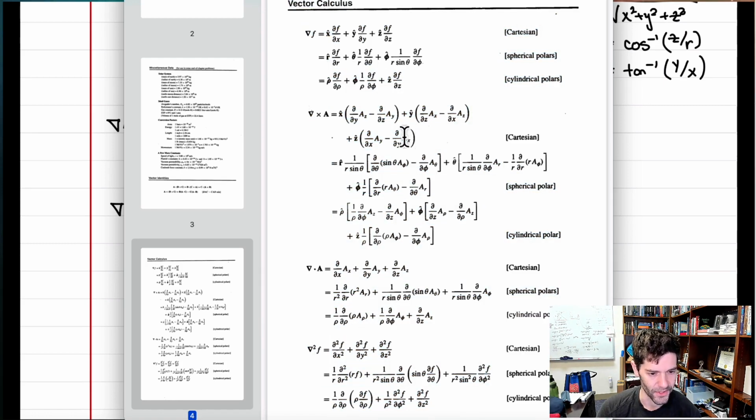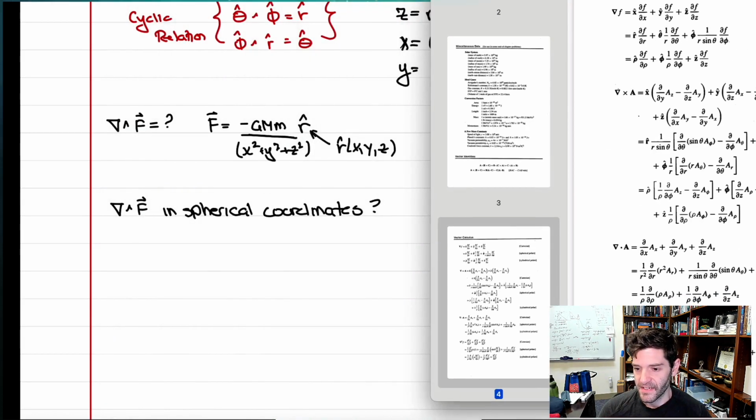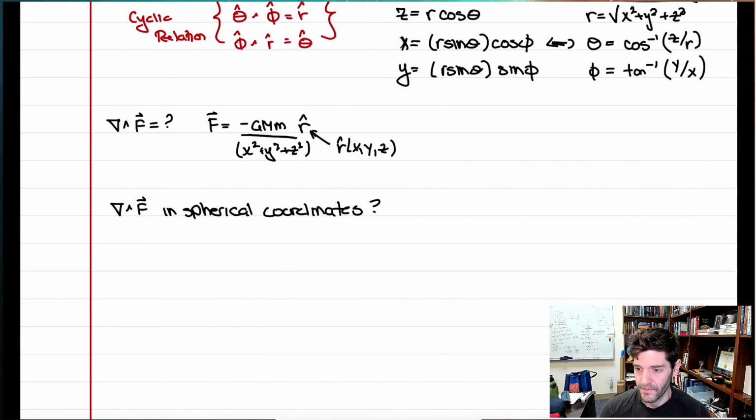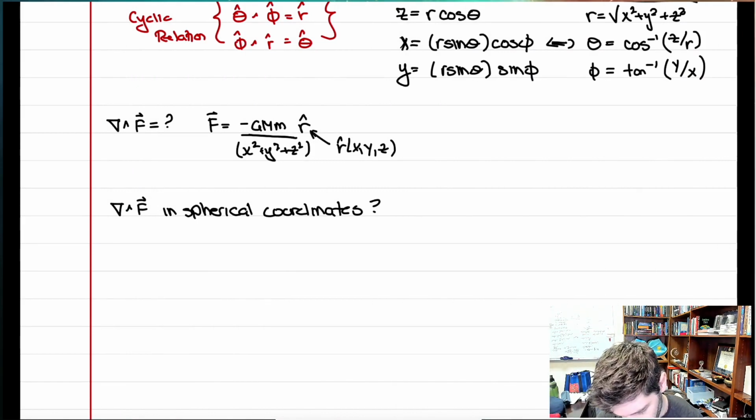Cartesian is the usual determinant for curl, but for spherical coordinates, notice there are some sines and some r's all popping out as well that you have to take into account. So let's use that as a given now, and then generalize this a little bit later.